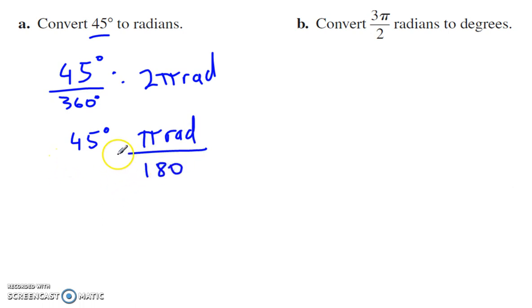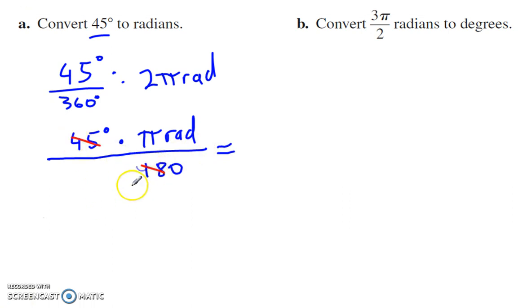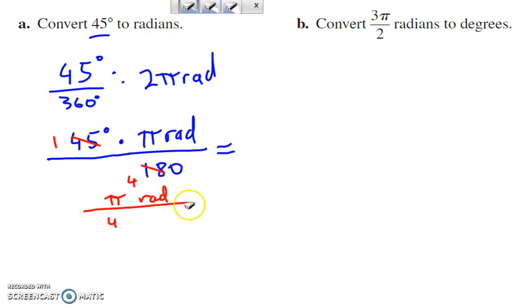Remember, when you're multiplying, you can make this one long fraction. Simplify that, and we get 4 here and 1 there, and so we get 1 pi radian over 4, or pi over 4 radians.